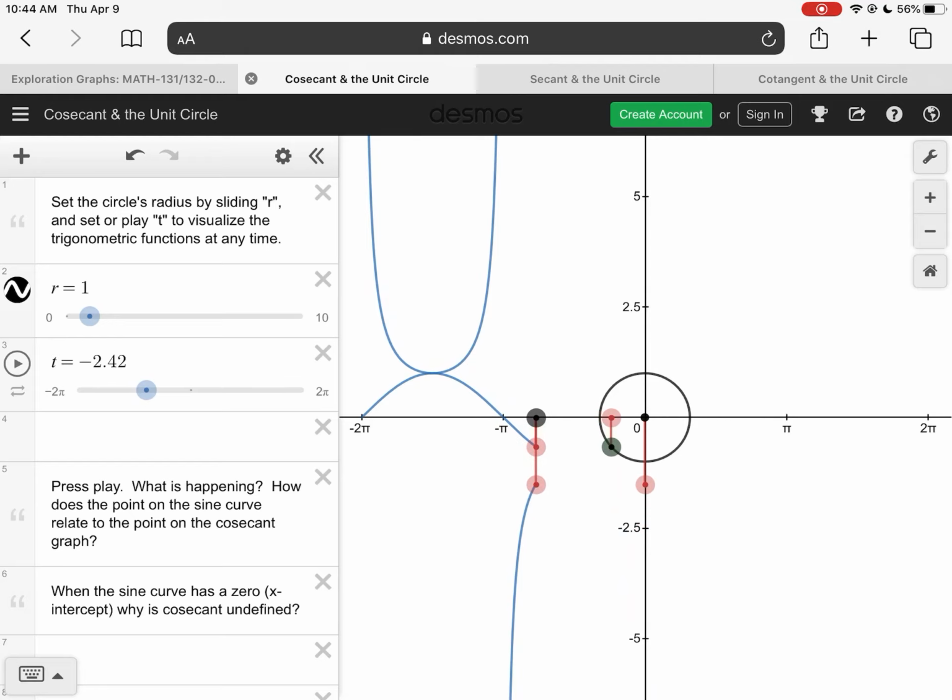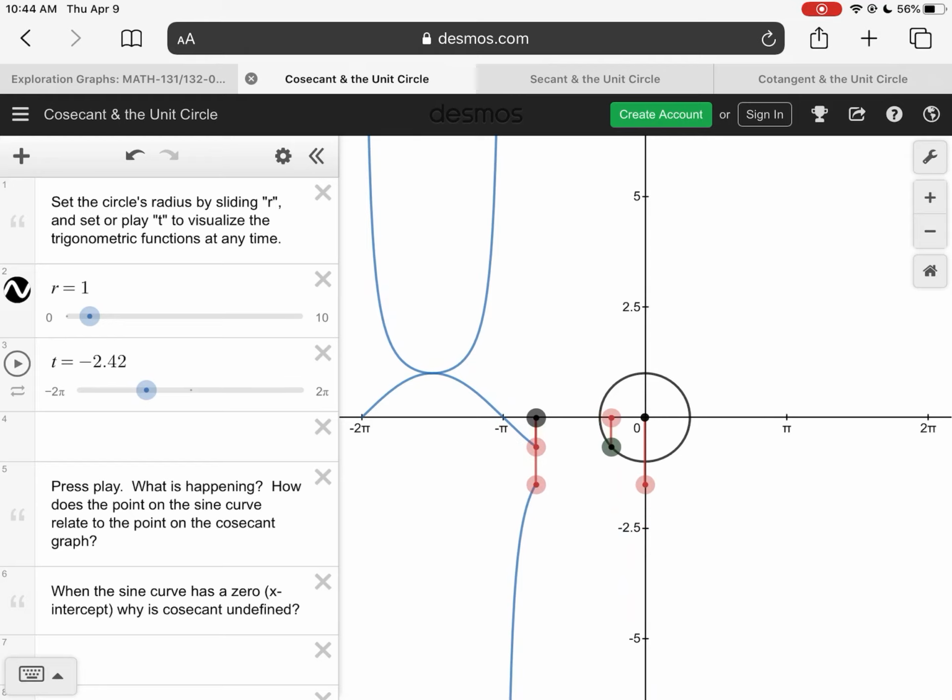Okay. Now, if you look at the sine curve related to the cosecant curve, how are they related? If you remember, we've been thinking of them as reciprocals. Sine and cosecant are reciprocals. So we're going to have to see it here.